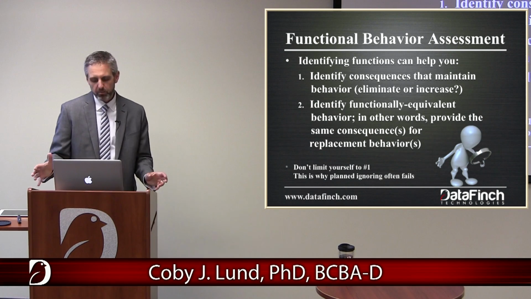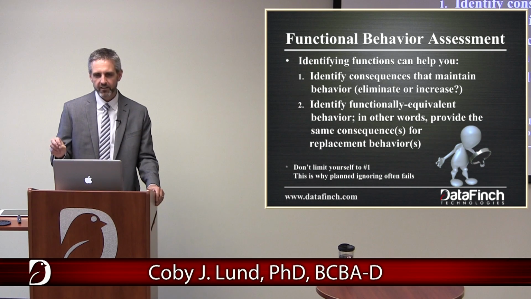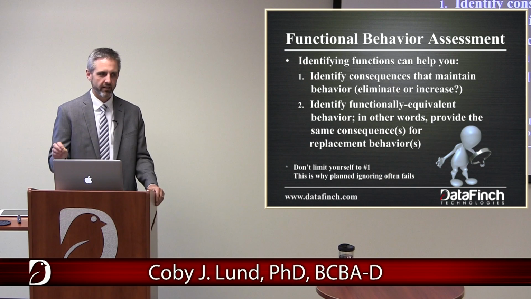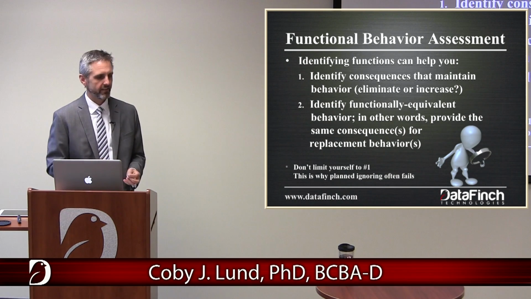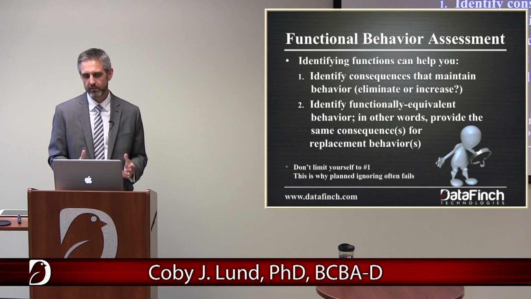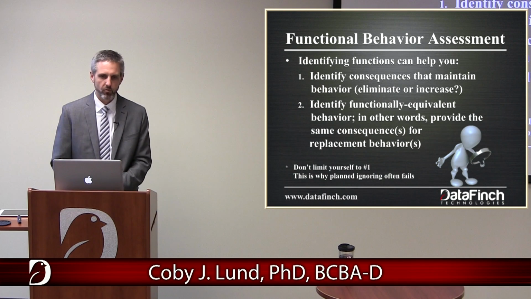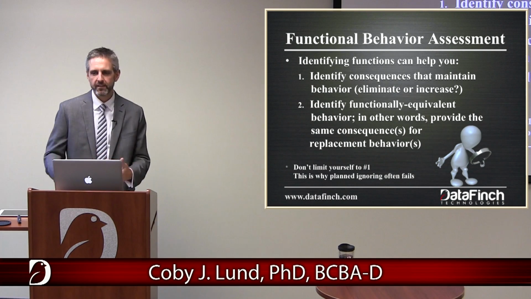The problem with that, as I mentioned before, is first of all, planned ignoring will only work if the behavior is maintained by attention. So unless you're very sure that this behavior serves an attention function and no others, planned ignoring won't work. Even if you do it perfectly, that's not what's maintaining this behavior, right?